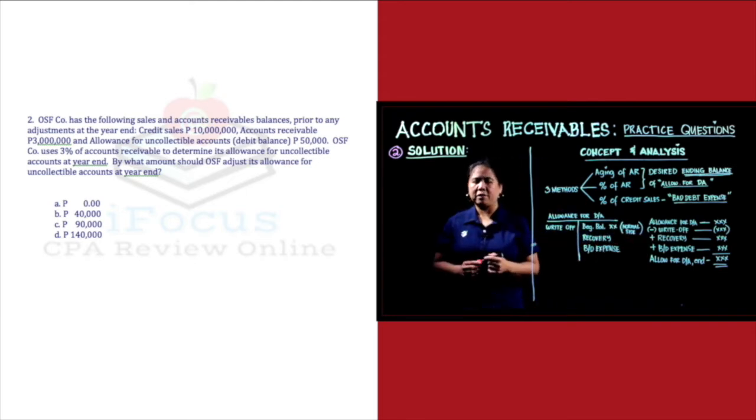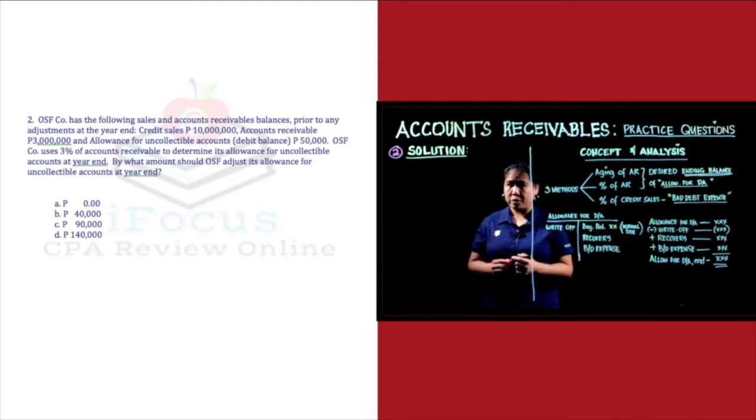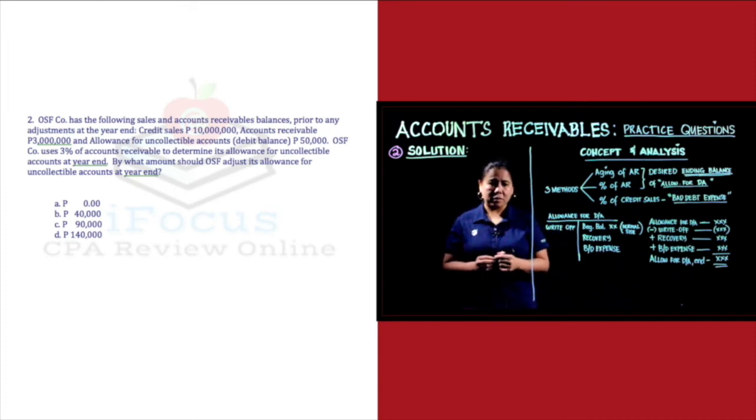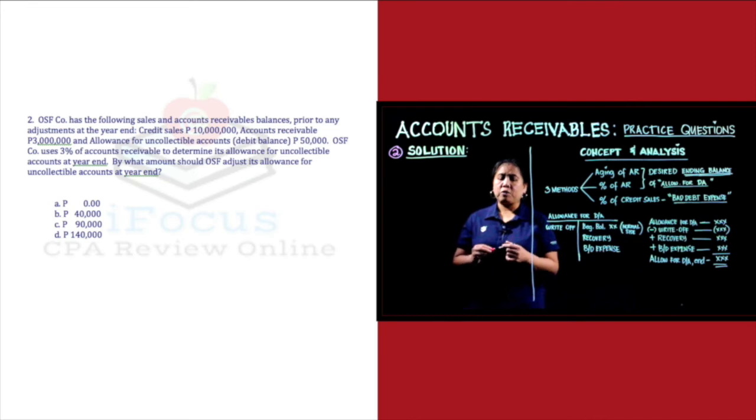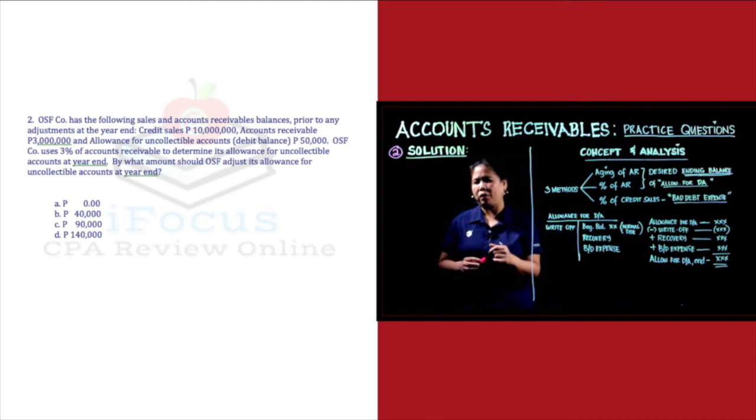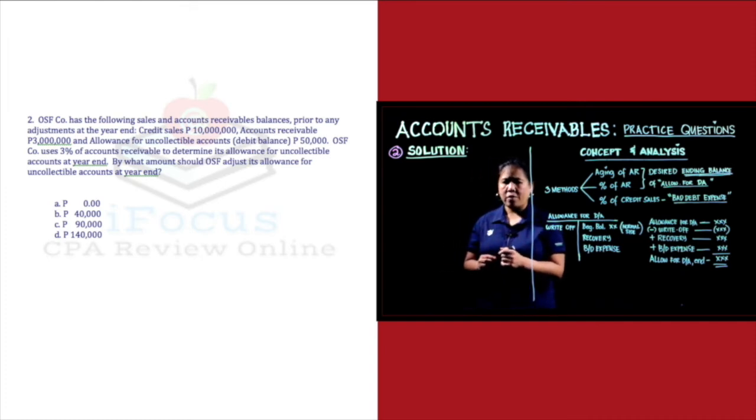OSF company has the following sales and accounts receivable balances prior to any adjustments at the year end. Credit sales of 10 million and accounts receivable of 3 million. And allowance for uncollectible accounts debit balance. Remember, debit balance itong problem na ito of 50,000. Alright?